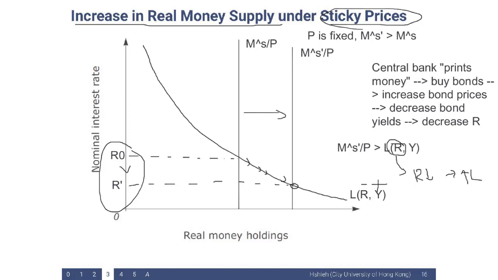They use that money to buy bonds. That will increase bond prices and therefore decrease bond yields. And because everything in the economy is benchmarked to government bonds, we should expect interest rates to also decrease. Yes?